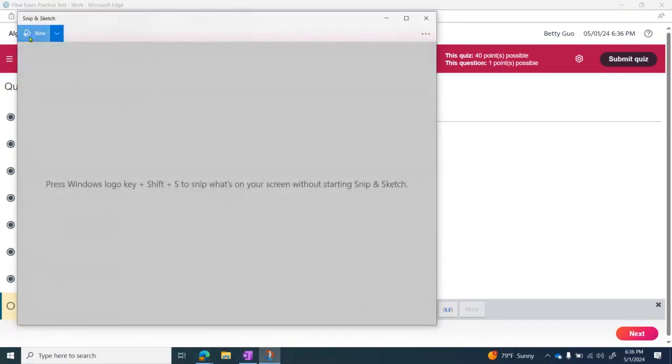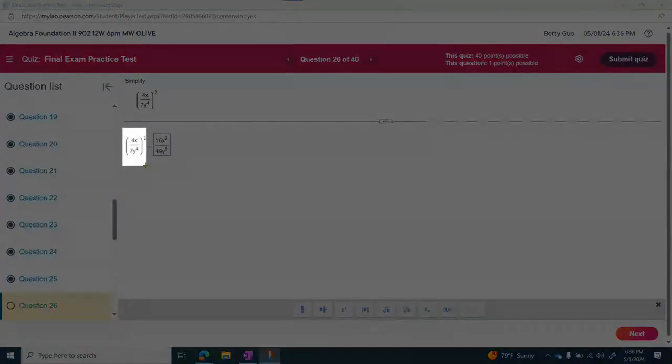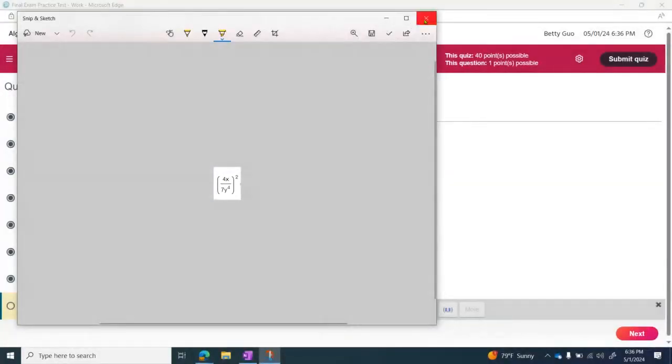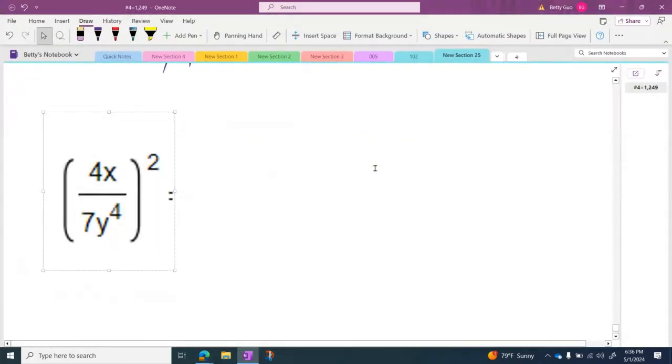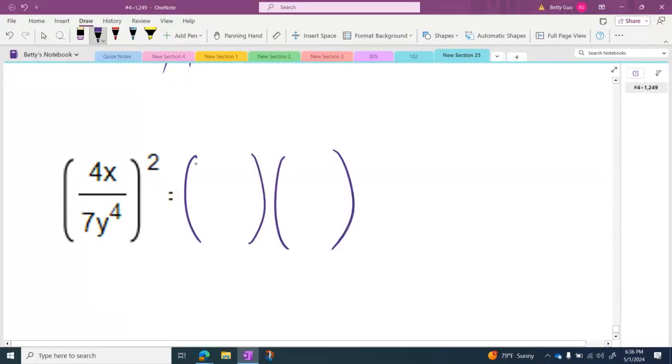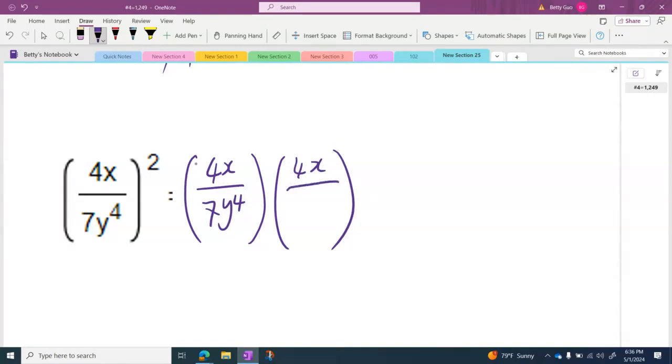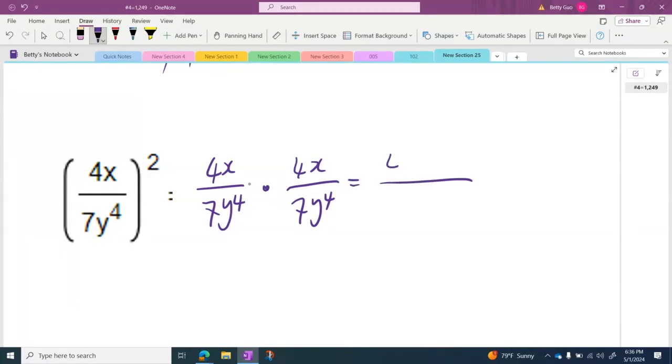And let me show you, if you really don't get it, you do this, okay? Even if you don't know those rules, as long as you know the definition of exponential expressions, you can get it done correctly. So this is a square, so it means base times base, right? So 4x over 7y to the power of 4, times itself. And we can remove the 2 parentheses and then multiply across. The numerator is 4x times 4x. The denominator is 7y^4 times 7y^4.